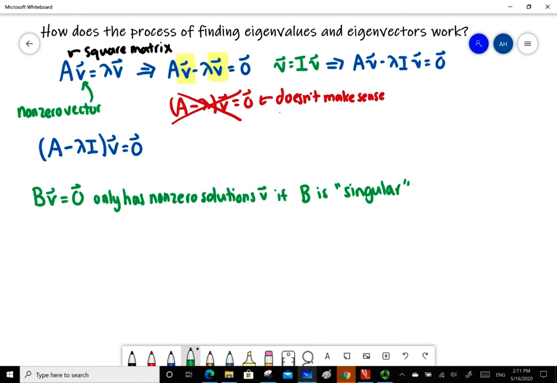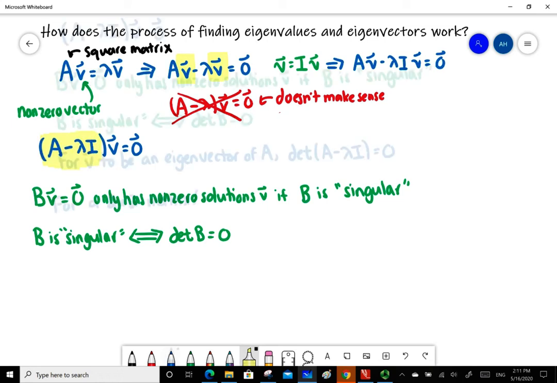But again, from linear algebra, a matrix B is singular if and only if the determinant of B is equal to 0. So in order for V to be an eigenvector of A, the determinant of A minus lambda I must equal 0.